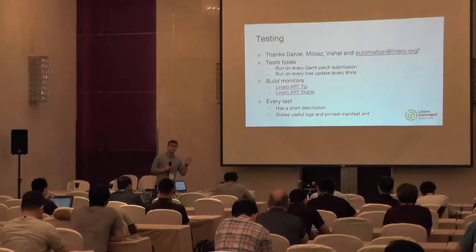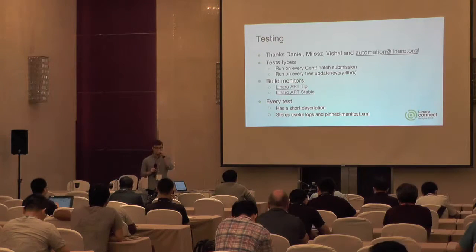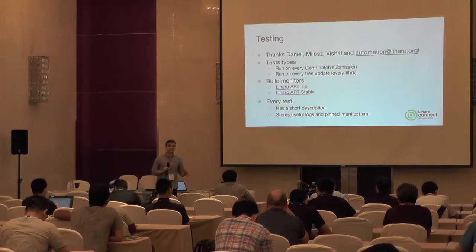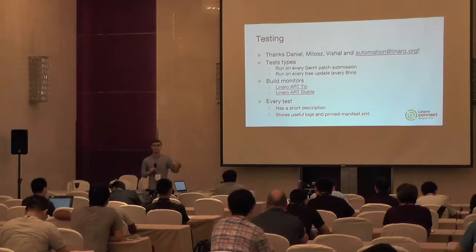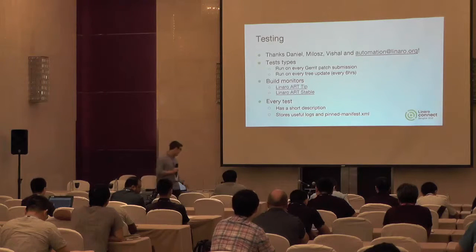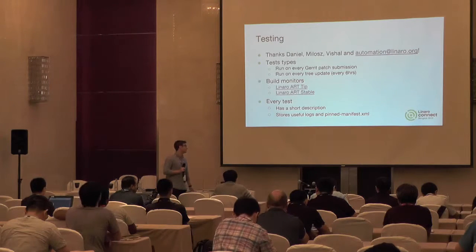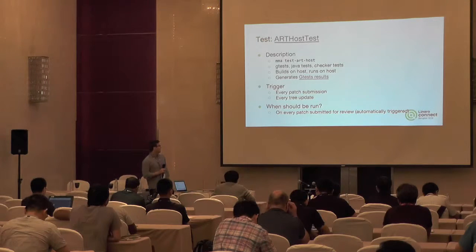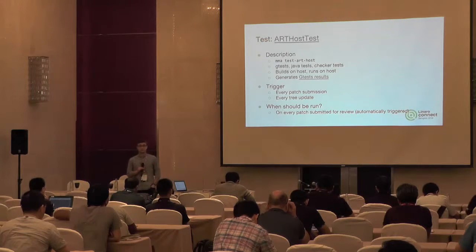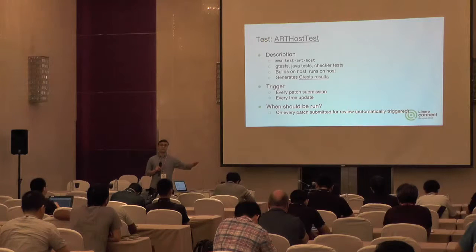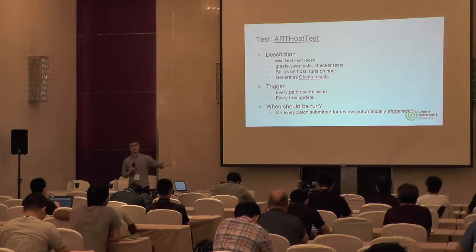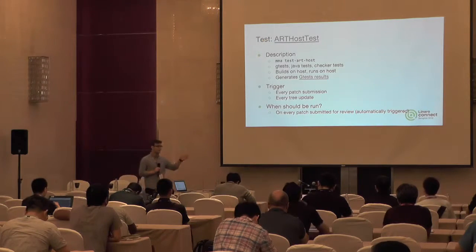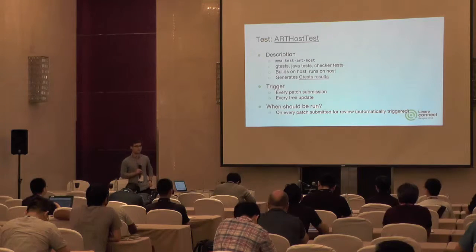And they store a useful amount of logs and pin manifests, which would help you reproduce and understand the issues that the current test has. So I'll describe a bit the tests individually, every test that we currently have implemented. And at the end, I'll tell you a bit more about the things that we're planning to do.